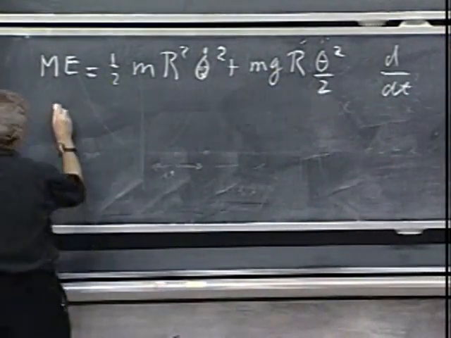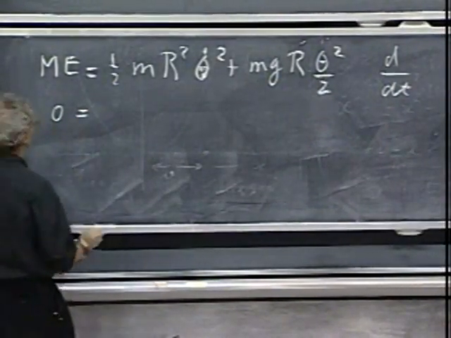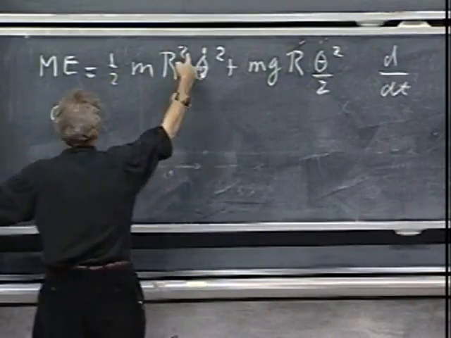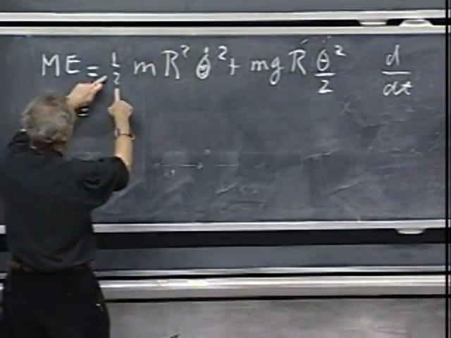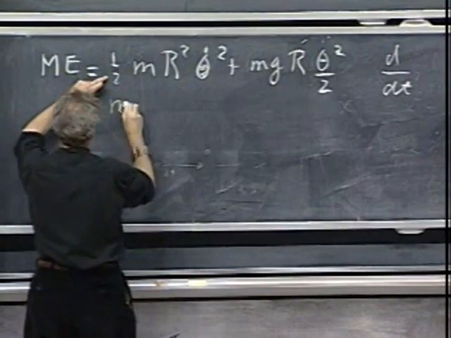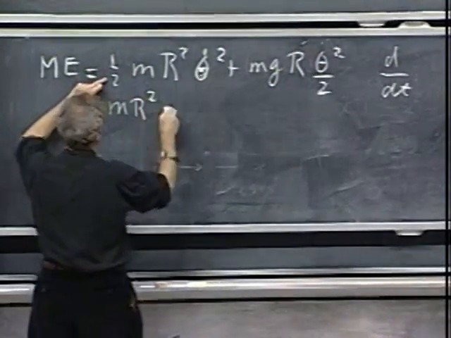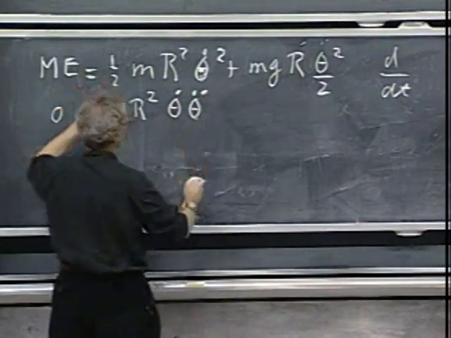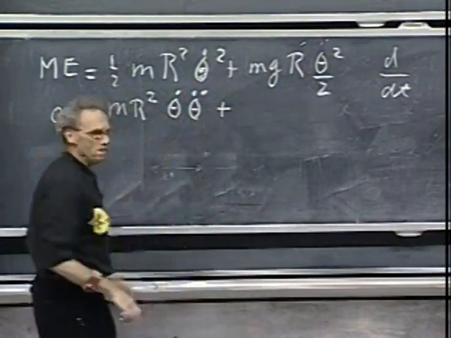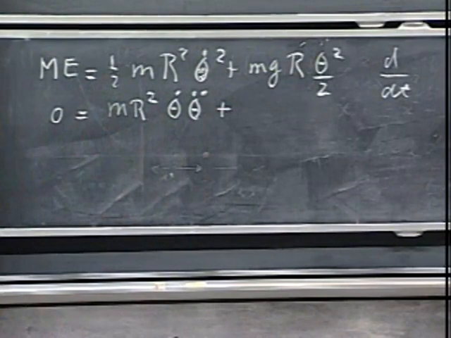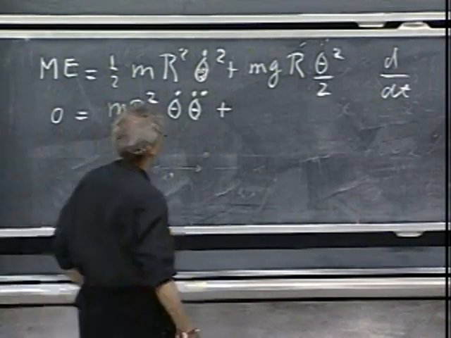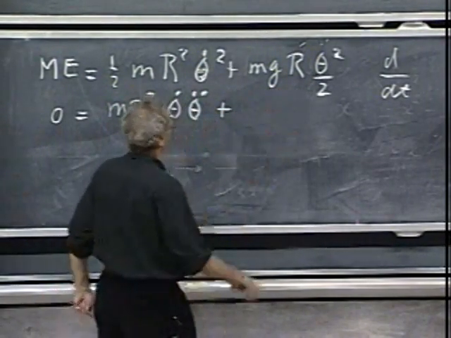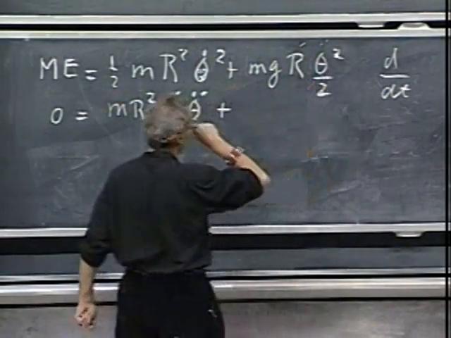So this becomes 0 equals. Now, I get a 2 out of here, which eats up this 1/2. So I get m r squared. Then I get theta dot, but the chain rule gives me a theta double dot. Excuse me? Anything wrong? I don't think so. Thank you. So I have to take the derivative of this one.